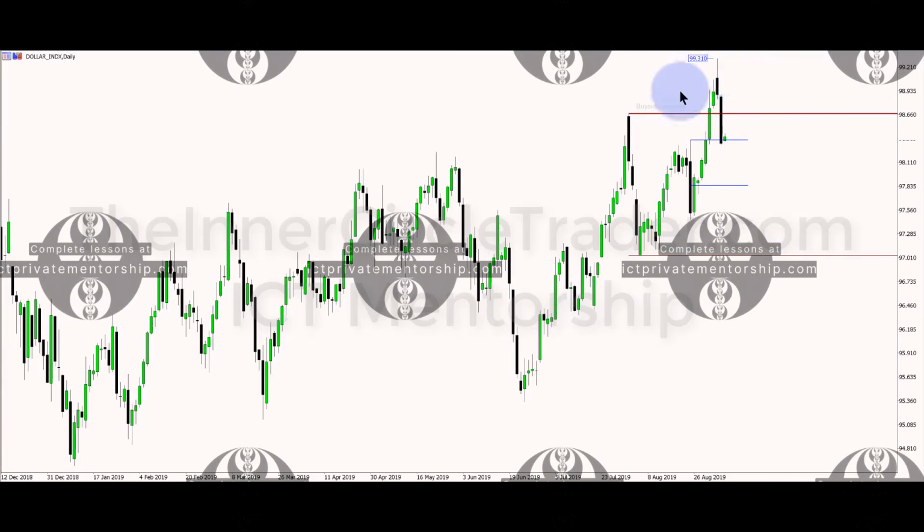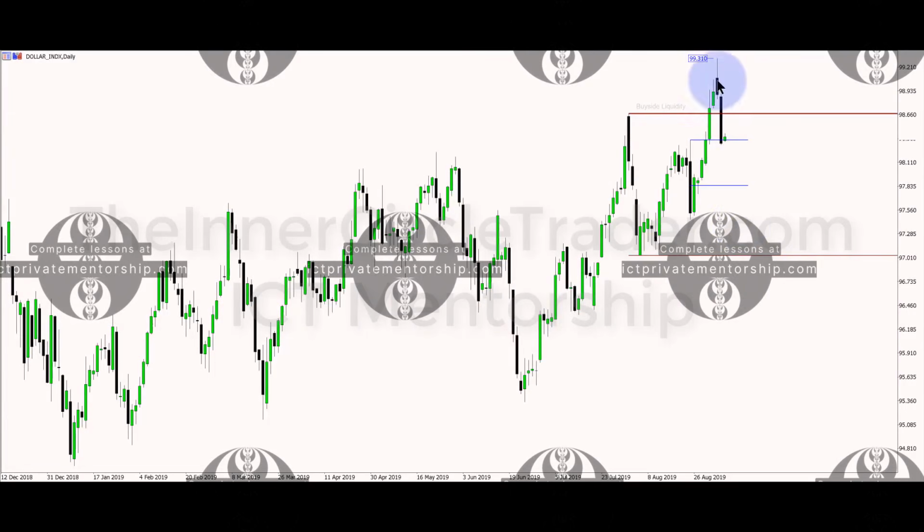This may be the beginnings of that unfolding, looking for a much more meaningful move on the pair. So right now I am not bullish long term. I'm bullish on dollar, yes, but short term to intermediate term, I'm not bullish on dollar index.